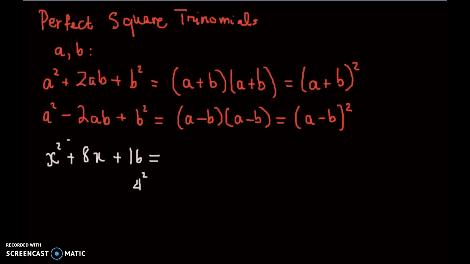So I have a is x, b is 4. Now 8x here can be written as 2 times a, which is x, times b, which is 4. So 2 times x times 4 is exactly equal to 8x. So this one would equal x plus 4 squared.